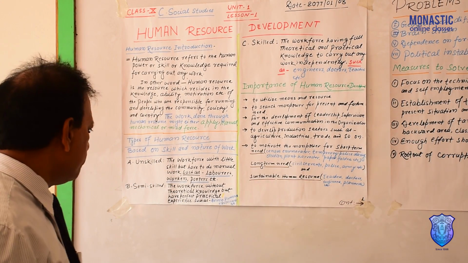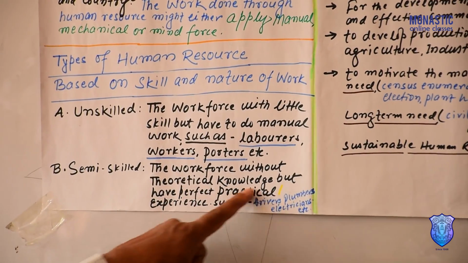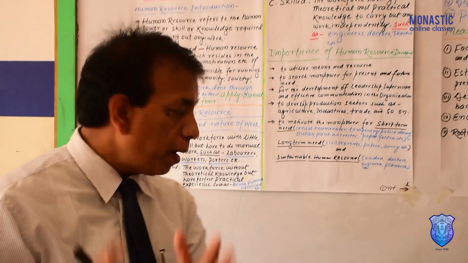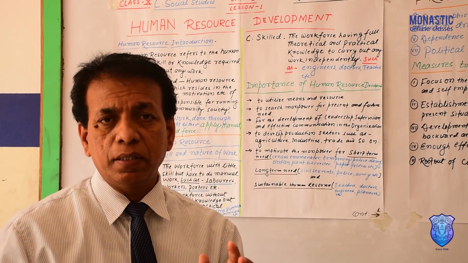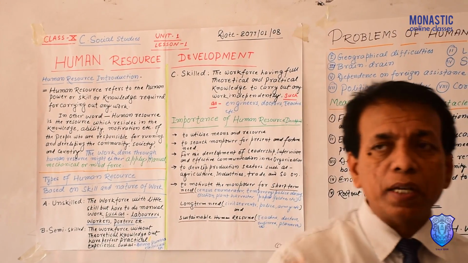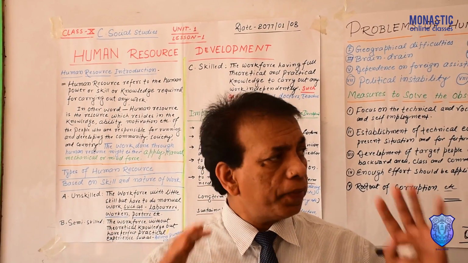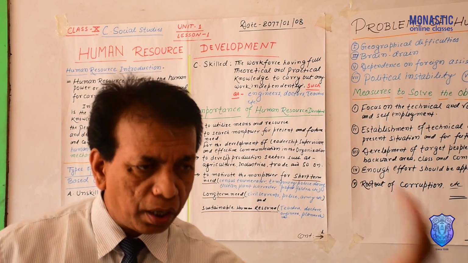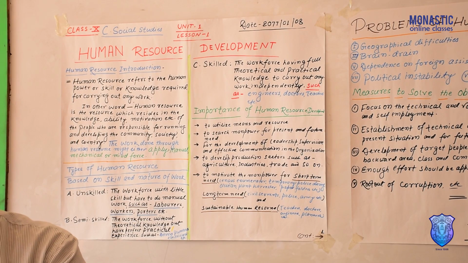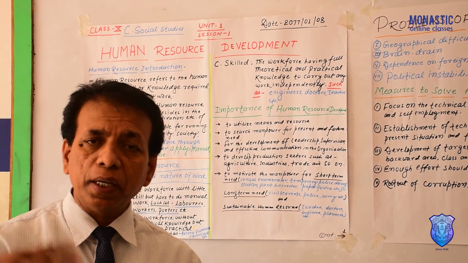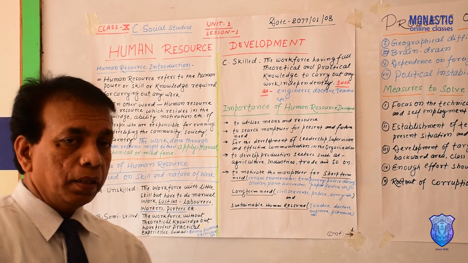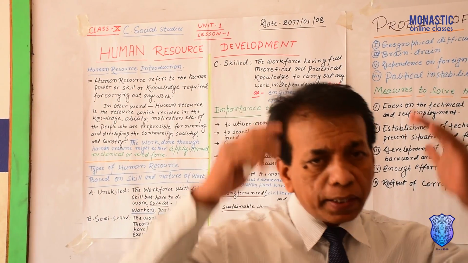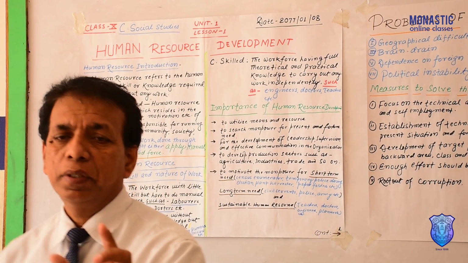For example, the workforce without theoretical knowledge but with perfect practical experience, such as drivers, plumbers, and even electricians. A driver can drive any kind of vehicle perfectly, but they don't have knowledge of all those parts, whatever is required, like for plumbing work and others. Practically they are very perfect, but theoretically they are not so perfect.